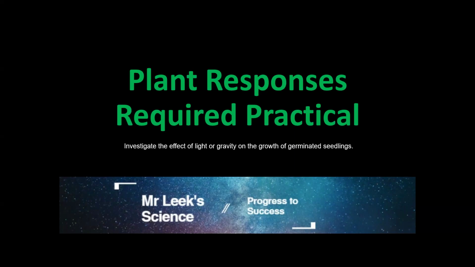Allow time for the seeds to germinate. I forgot something. Also, put each Petri dish in a controlled environment, so same temperature, same level of oxygen, stuff like that. So a warm place, temperature, amount of carbon dioxide, standard conditions, ideal conditions.